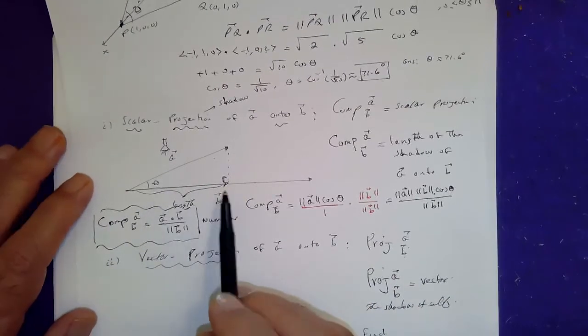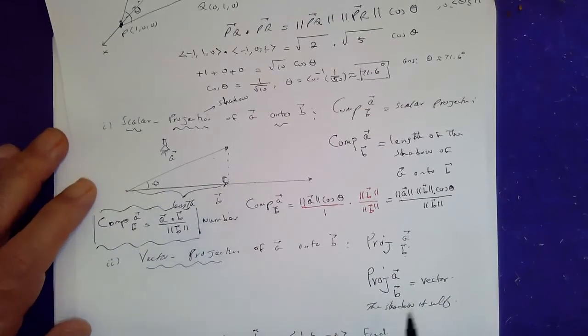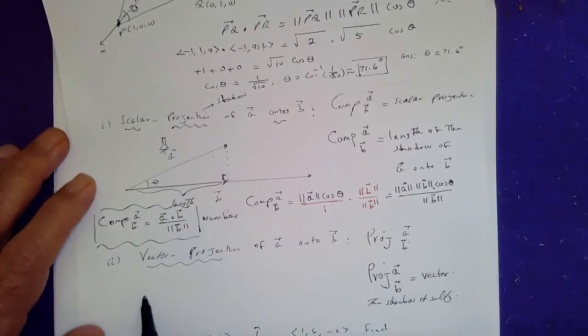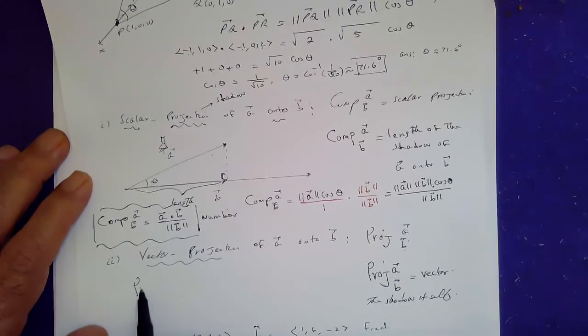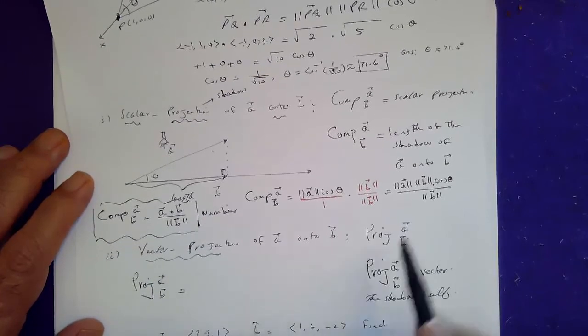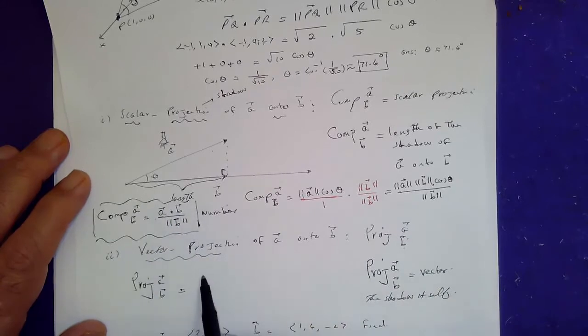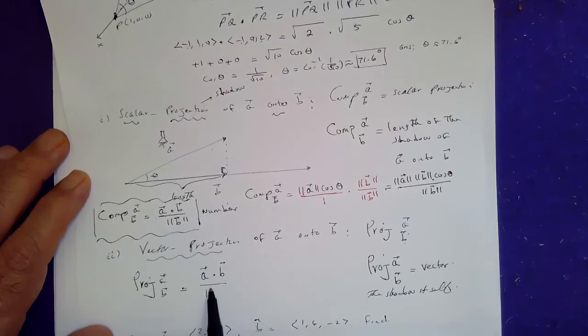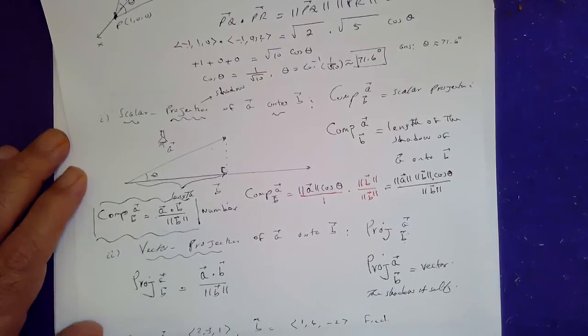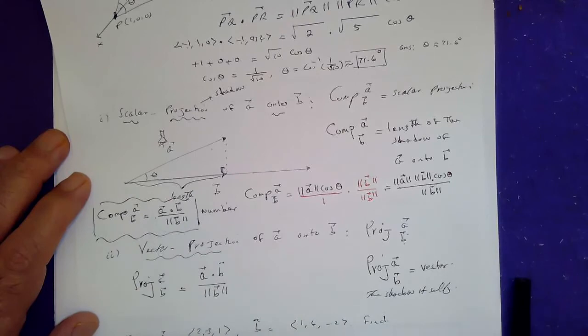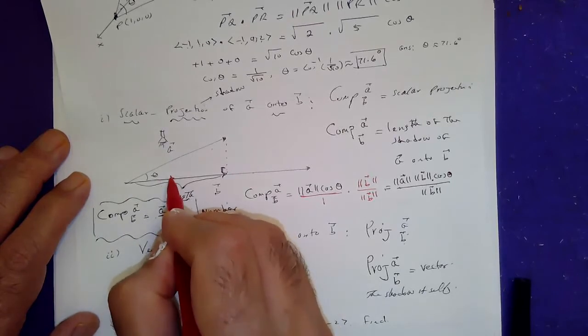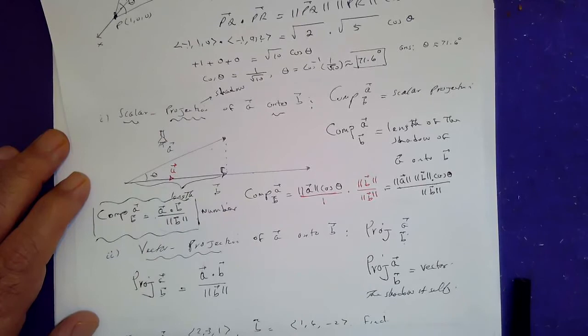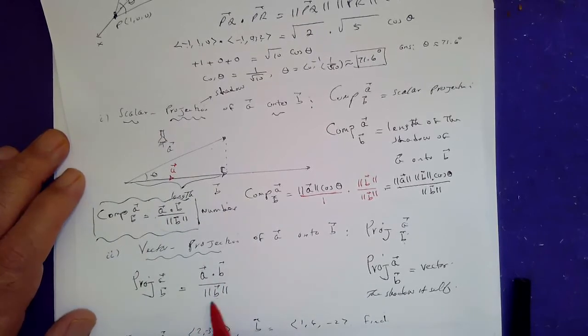Well, what about the shadow itself, which is a vector? This is the vector projection of A onto B. Well, you've got its length, which is A dot B over the magnitude of B. All you have to do is multiply this by a unit vector along vector B, so that you give direction to this scalar.